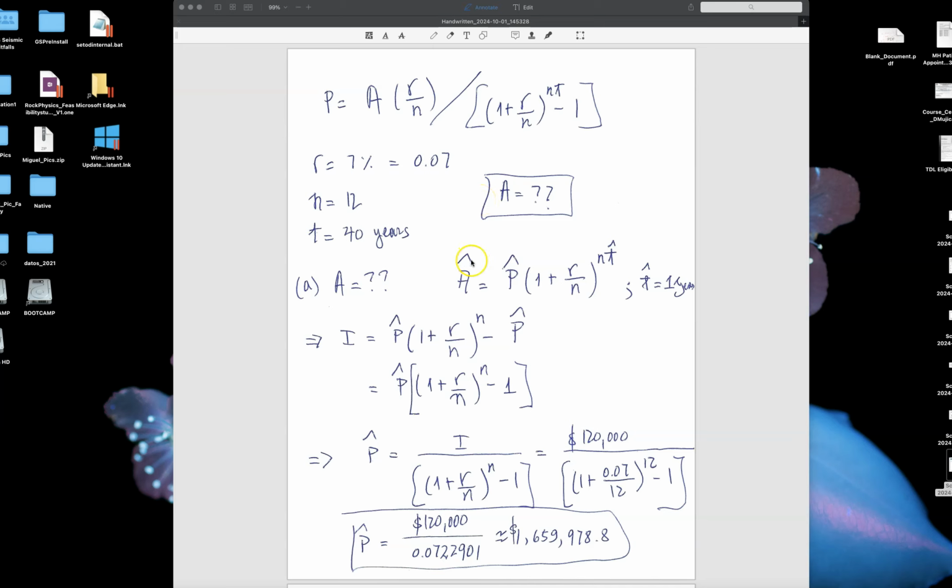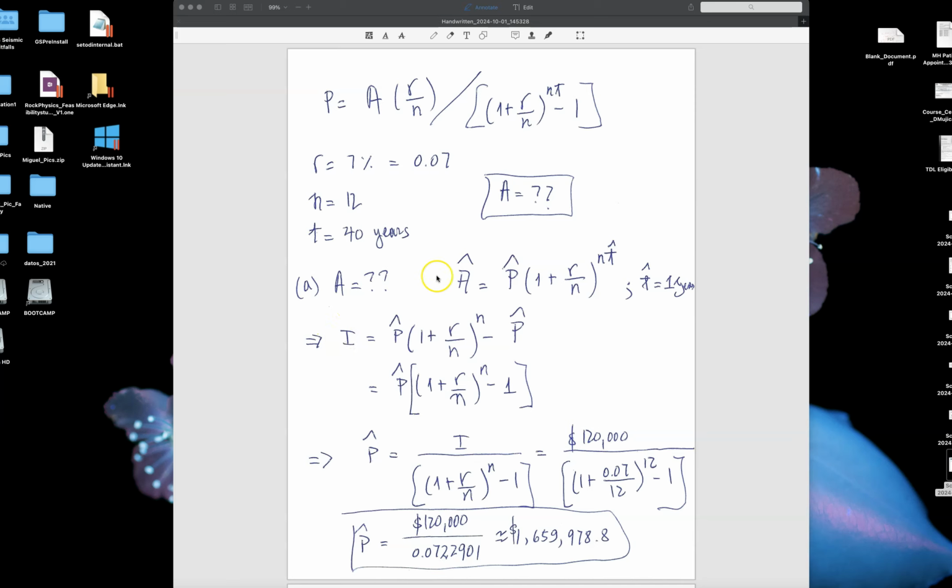Well, what they say is that with this value, which I'm going to call P hat, in a transaction compounded monthly for only 1 year, I'm going to produce some interest.